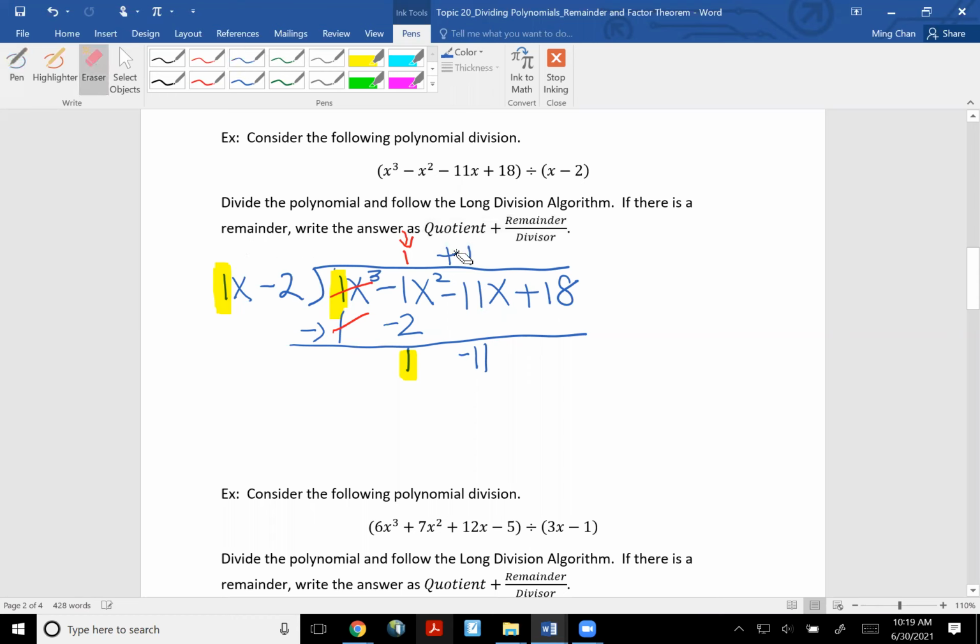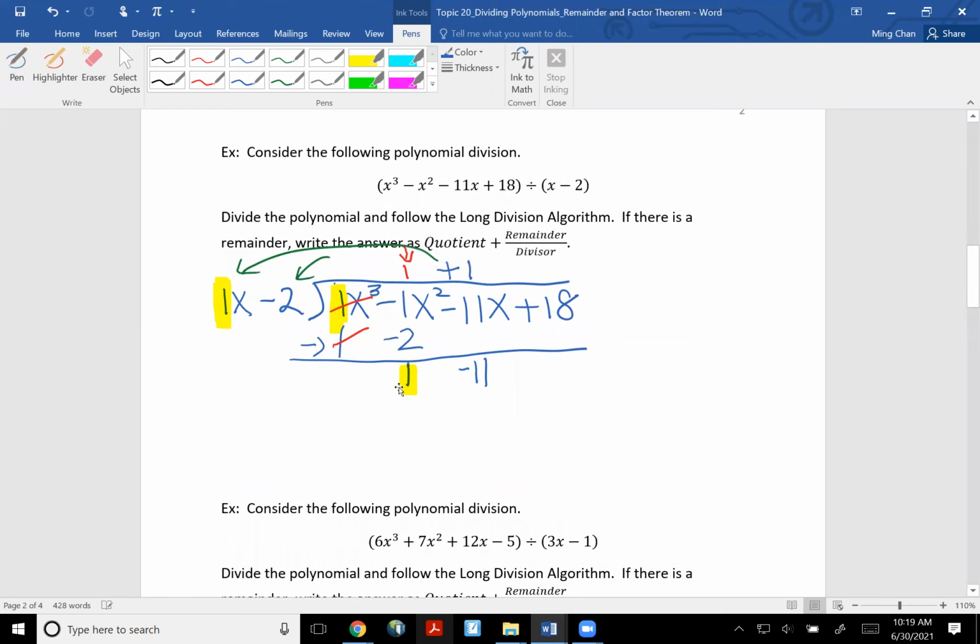Once I wrote that quotient positive 1 on the top, then I multiply all my terms on the outside. So positive 1 times 1 is 1, that goes below the first term, right? When you multiply the first term, that goes below the first term. Positive 1 times -2 is -2, so that goes below the second term. Long division, we subtract.